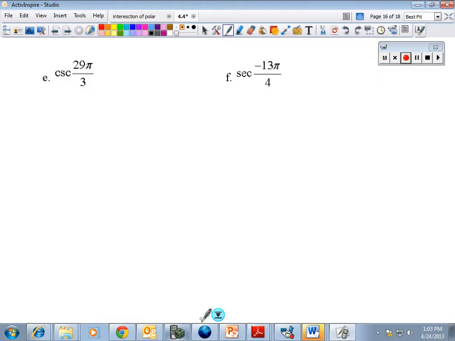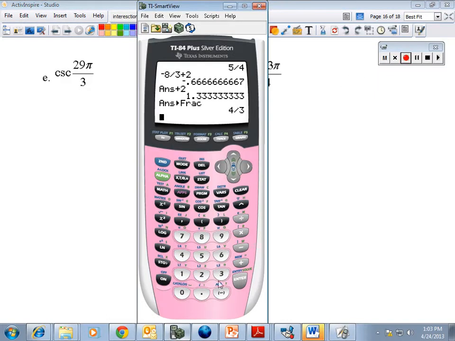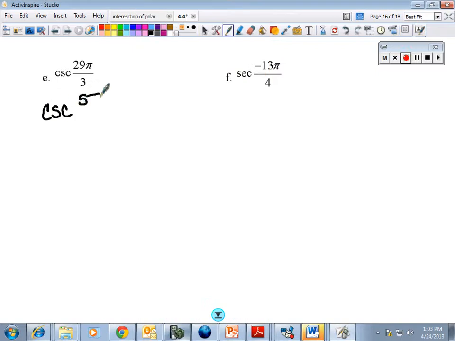29 pi over 3, too big or too small? Definitely too big, so I'm going to do 29 over 3 minus 2 until I get something that's on my circle. That's too big, too big, too big, just right, because I'm looking for something between 0 and 2. So that's cosecant of 5 pi over 3. 5 pi over 3 is going to be almost 2 pi, because 2 pi is 6 pi over 3, so it's going to be in my fourth.